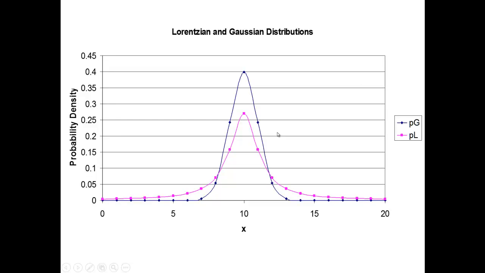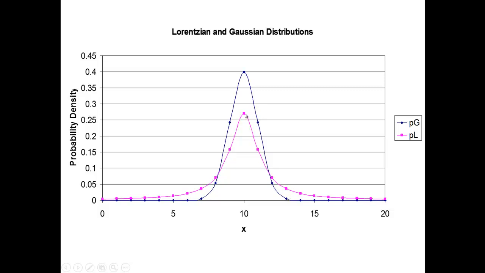And we'll find out something interesting about the standard deviation of the Lorentzian distribution that makes it different from the Gaussian. So let's take a look at this spreadsheet plot where we plot together, for a function that has a mean of 10, the Gaussian and the Lorentzian function. And you'll see the big difference is the Gaussian function is much sharper and overall narrower than the Lorentzian function, simply because it tails off to 0 much more rapidly.